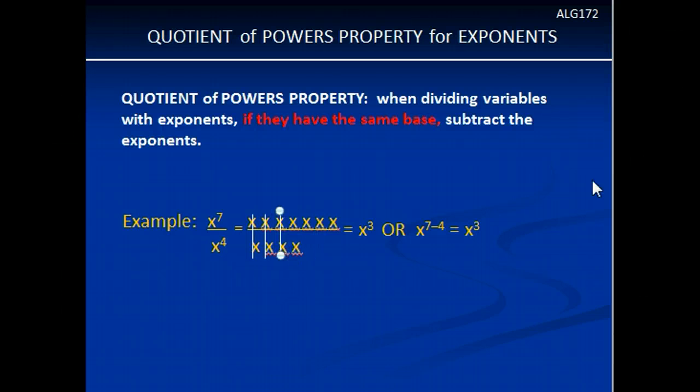And these would cancel. And these would cancel, leaving us with x times x times x, or x to the 3rd. This simply shows us that x to the 7th over x to the 4th is the same as x to the 7 minus 4, or x to the 3rd.